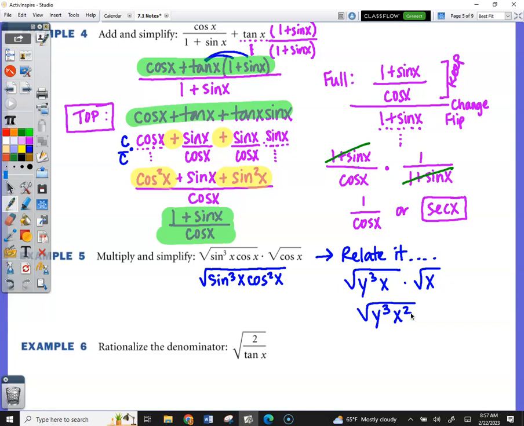Recall that the square root of x squared is x times x, and there are 2 of them, so it's x, because you're asking yourself what times itself gives me x squared. X times x is x squared, right?